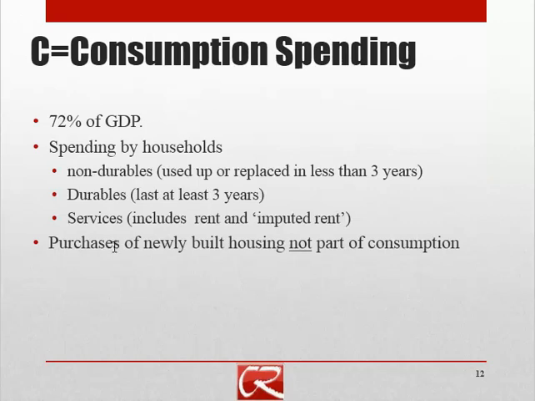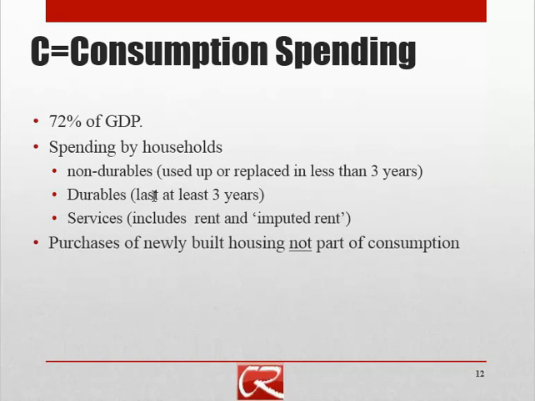We often do break up consumption spending into three major categories. So there is spending on what we call non-durables, and these are things like food or clothes, typically smaller ticket items that are used up or replaced within 3 years.